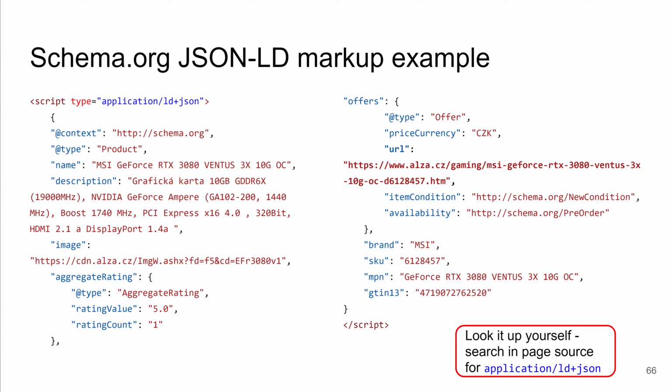So this actually is a real-world example. If you take a look at this popular Czech eShop and you find a product there and you take a look in the source code of that HTML page and you search for application/ld+json, which is the media type of JSON-LD, you will find JSON-LD usage there.